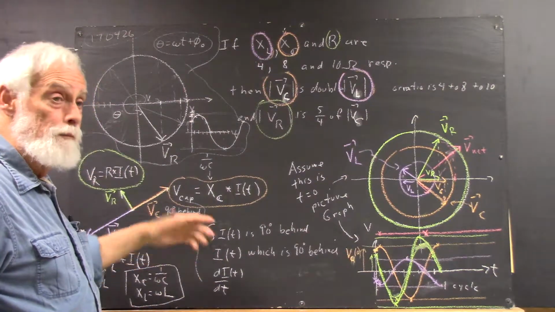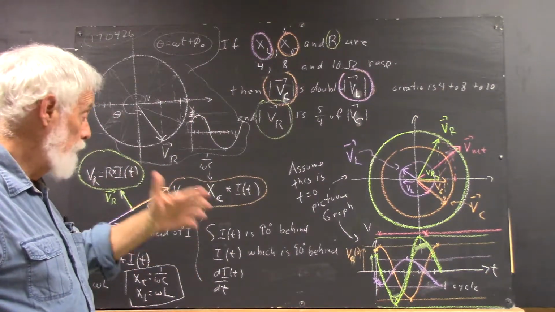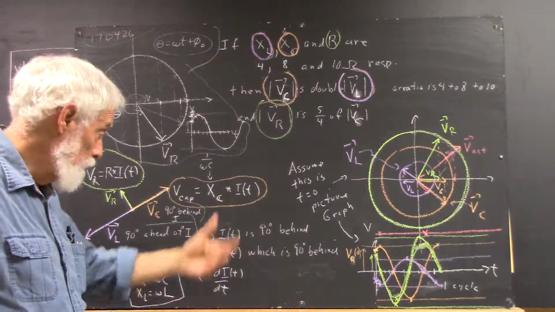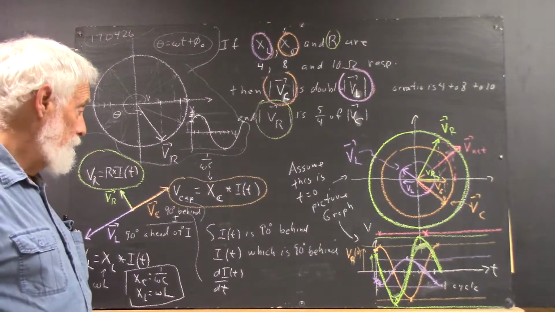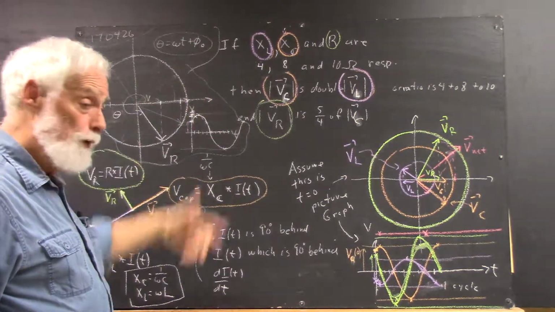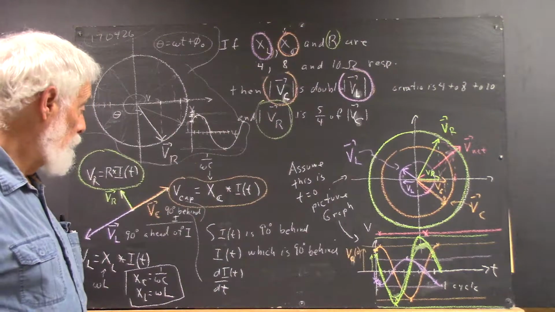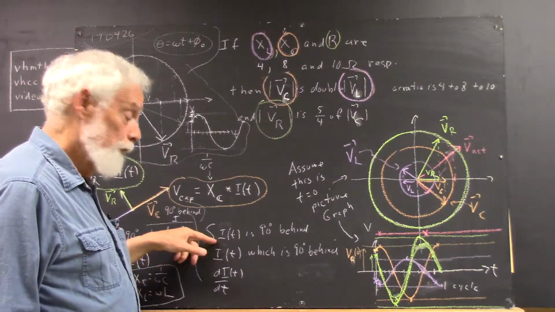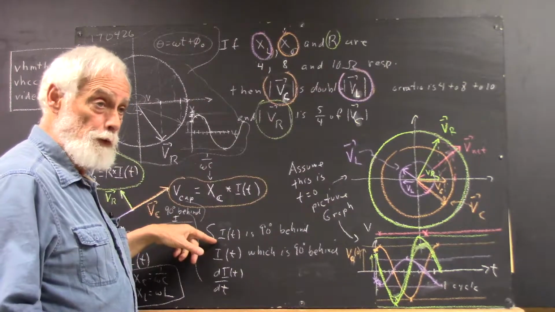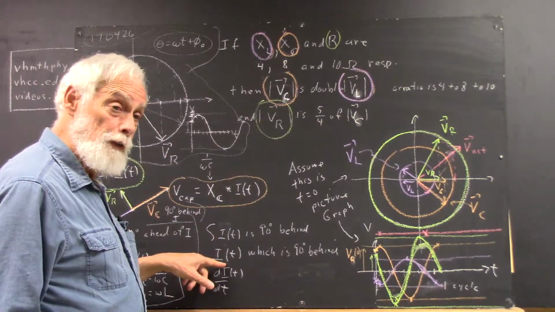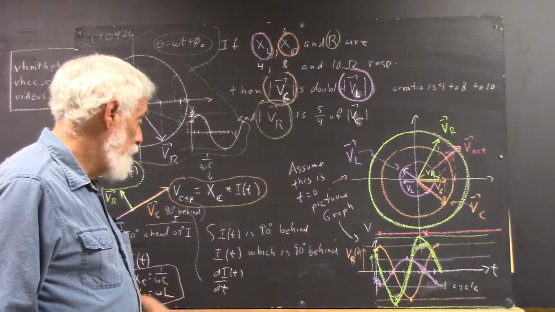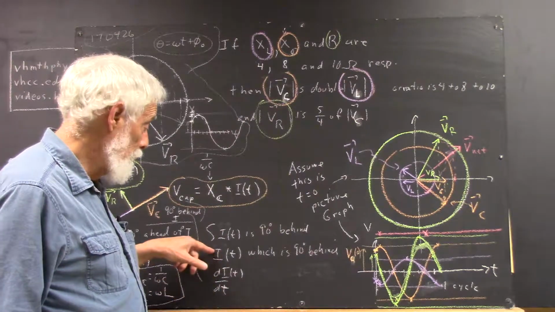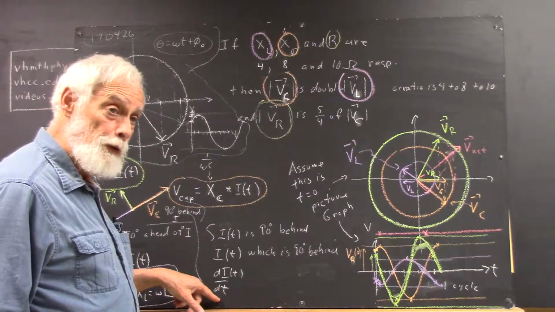So if I of t is a sine or cosine function of that nature, some amplitude times a sine or cosine of omega t plus phi naught, it doesn't matter what phi naught is. When you integrate I of t, you're going to find that the antiderivative is 90 degrees behind I of t, and that the derivative of I of t is 90 degrees ahead of it, so that I of t is 90 degrees behind the derivative.